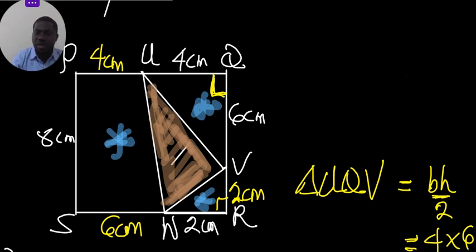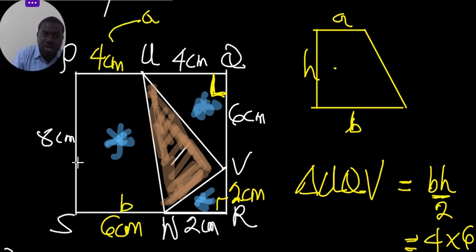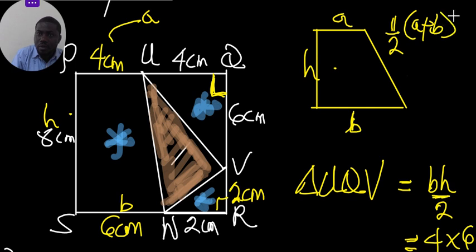So that other part, let's try to have a sketch of it. Looks like what shape? So that obviously looks like a trapezium. So here will be A. This will be B. Distance between the A to B is the height. So this is A, B, and this is height. So area of trapezium is half into A plus B multiplied by the height.